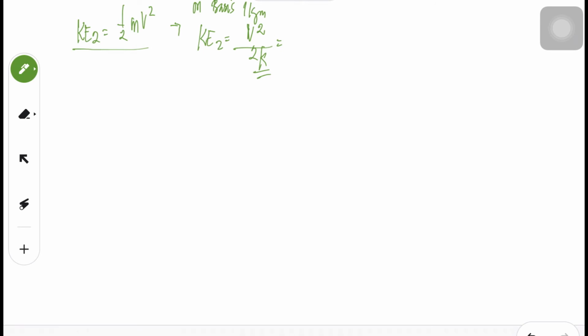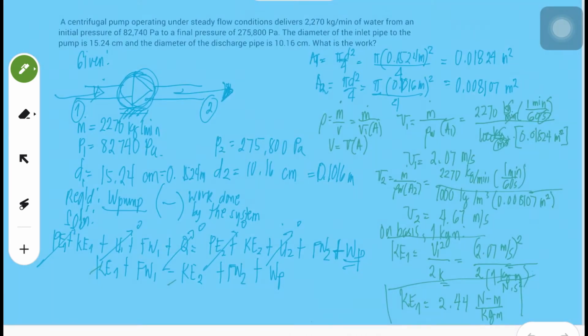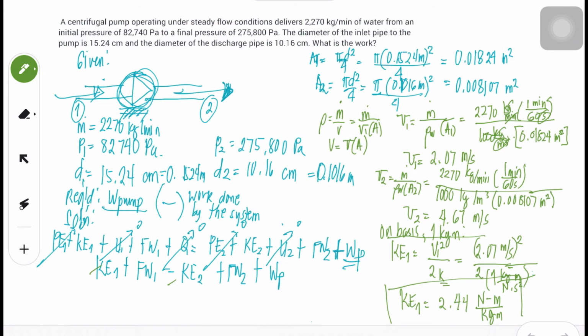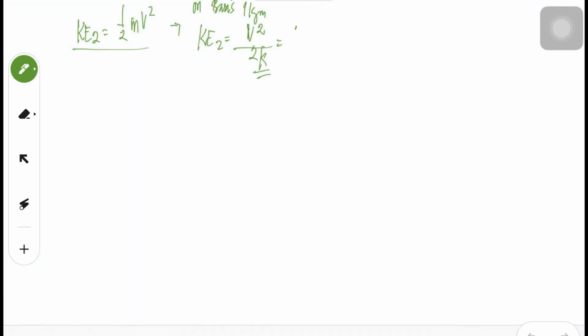So the velocity at point 2, 4.67 meter per second squared, divided by 2. Yung k natin is 1 kilogram meter per second squared. It's also equal to 1 Newton. Okay?